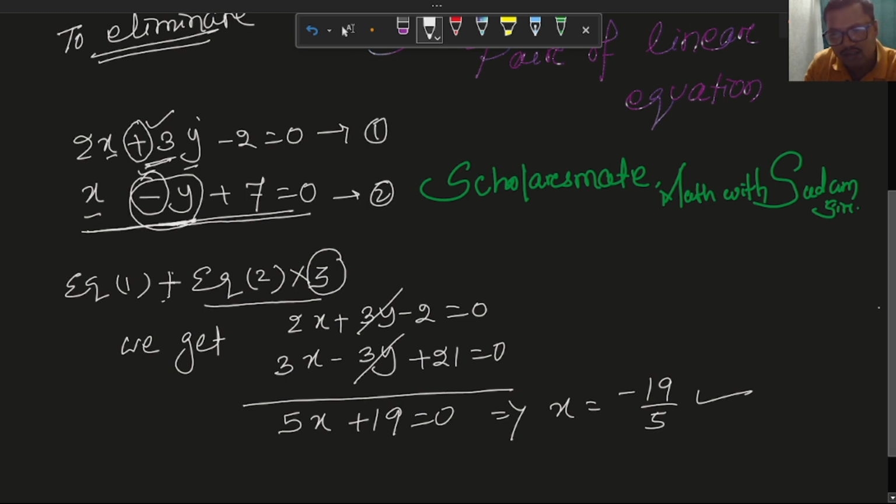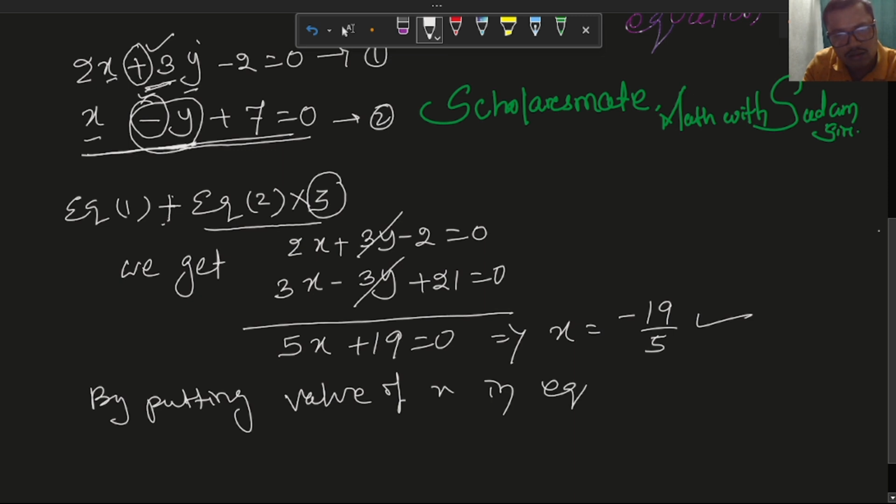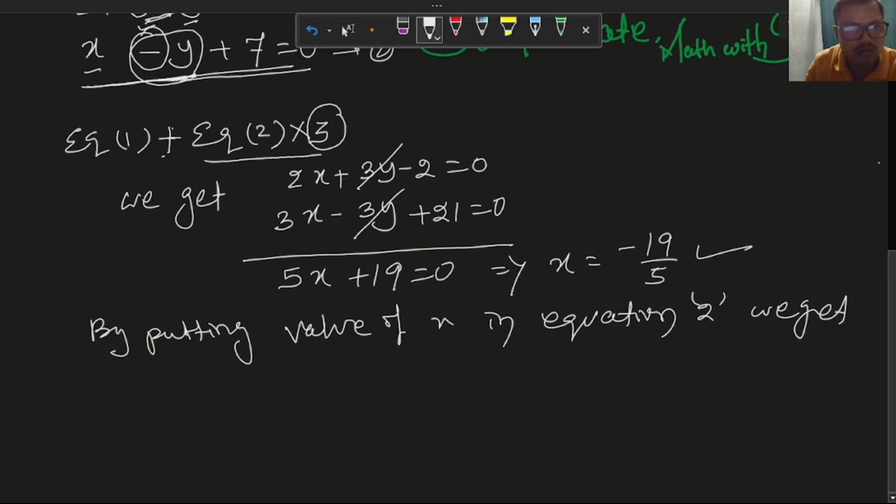By putting the value of x in equation 1 or 2, we will get the value of y. So I am writing here, by applying the value of x in equation 2, we get -19/5 - y + 7 = 0.